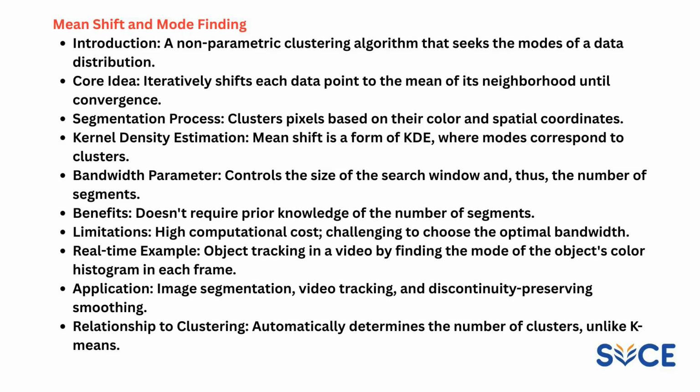The mean shift algorithm then clusters these pixels. All the pixels that converge to the same peak are considered part of the same segment. This is especially good at creating smooth, continuous regions.